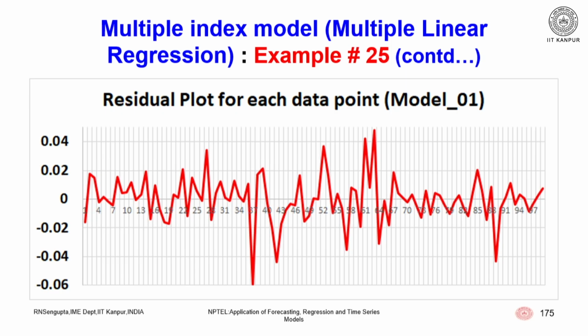Now, these are the residual plots for the data. The residual plots can be done in two ways. Number one, I have these 99 data points. If I have extra data points, based on the beta hats which I found out, I can find out the set of y hats. Consider I have data points from 100 to 120, for which I already have the Tata Motors returns.